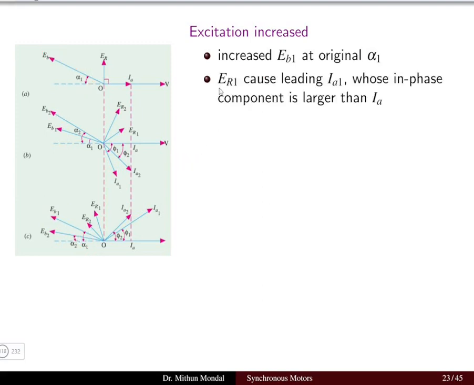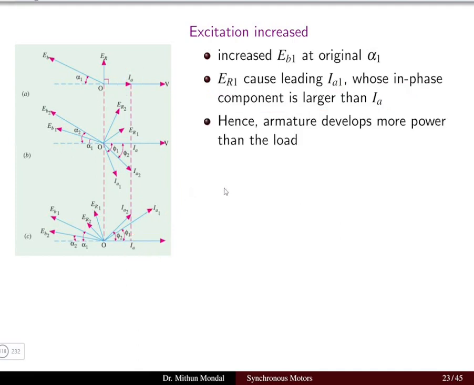So the resultant EMF ER1 will in this case cause a leading current IA1 to flow whose in phase component is larger than the current IA. When we compare to the current IA, if we resolve the current IA1 to its in phase component, it will be more than the value of IA.